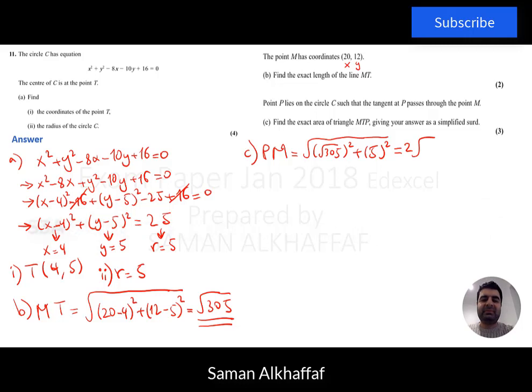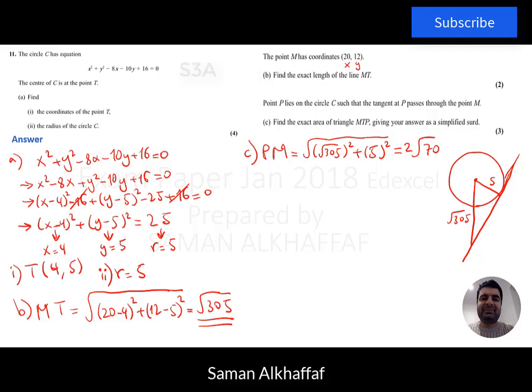Now to understand how that works, imagine the circle in this format, and we have the tangent line like this, and we have the center of the circle, which is 4, 5, so this is the 5, and we have also the line like this, which represents root 305, and this is the 5.